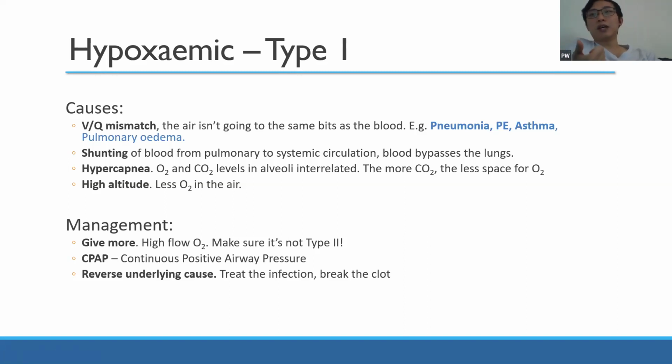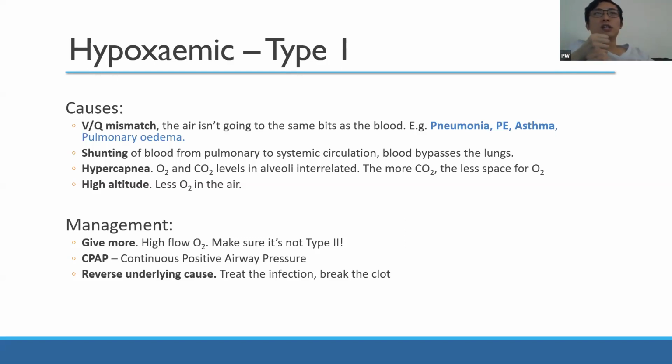You can have it in pulmonary embolism, which is pretty much the opposite: the lungs are fine, but the pulmonary arteries have got a great big clot in them, which is preventing blood from going through that section. For that section of lung, which is occluded and embolized, there's no blood going through, and it's just not working. Asthma can cause this because it stops the ventilation.